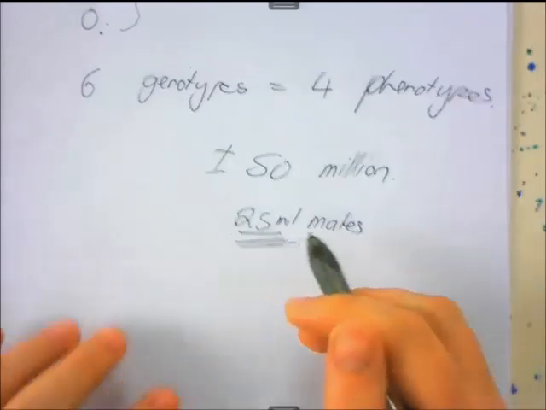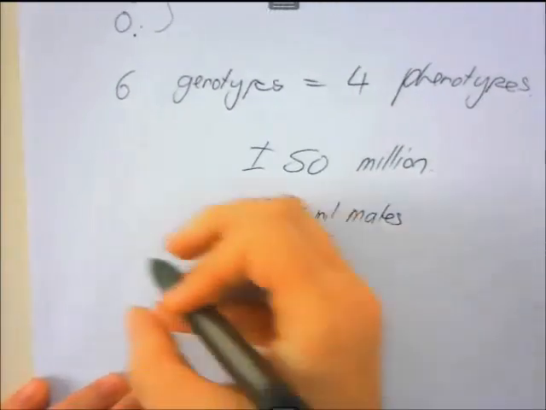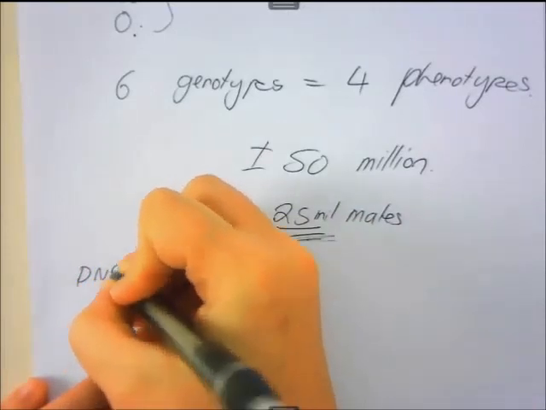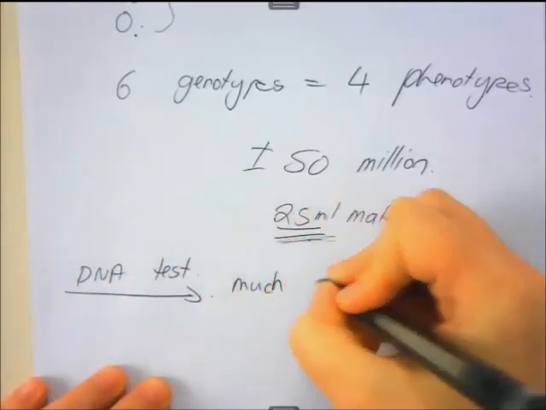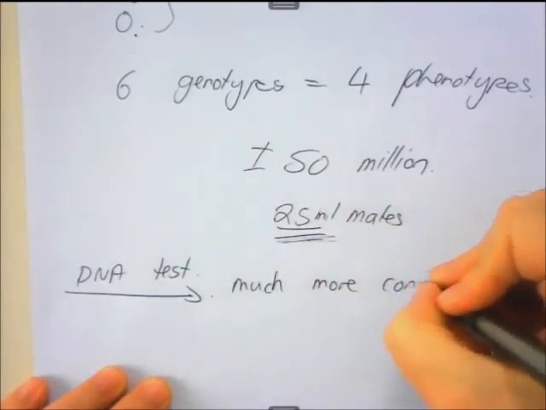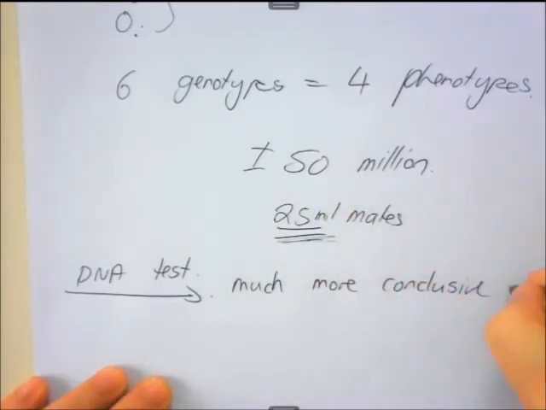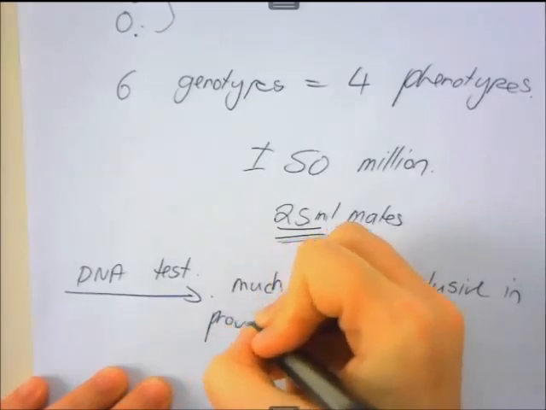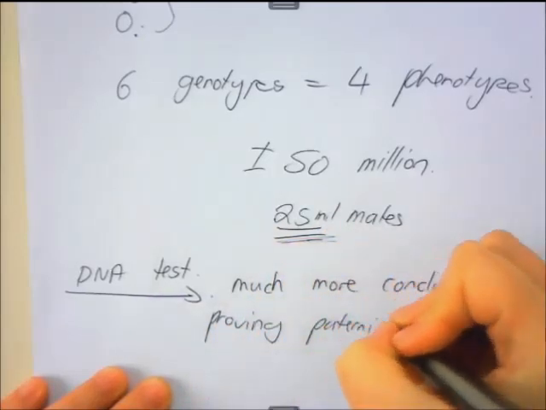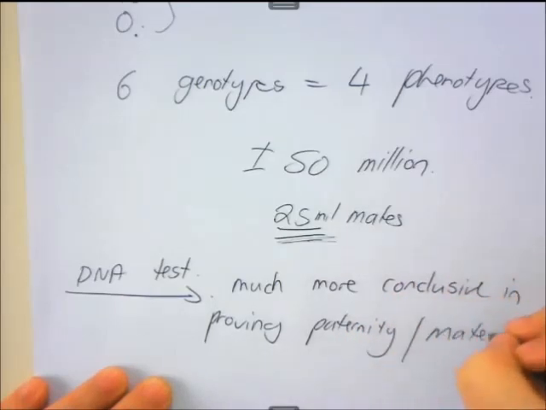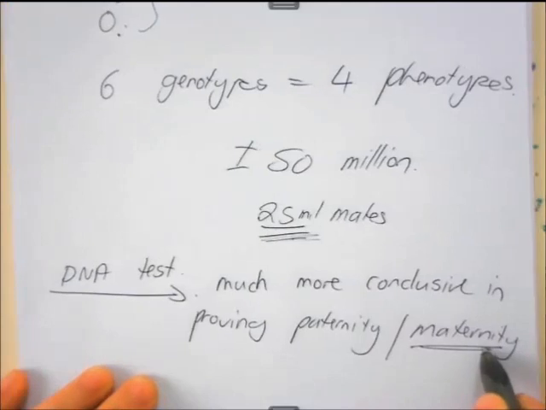So what you would have to do to have a conclusive result is a DNA test, which is much more conclusive in proving paternity and even maternity. This, for example, can be used if children have been swapped in hospitals or if they've been kidnapped or things like that.